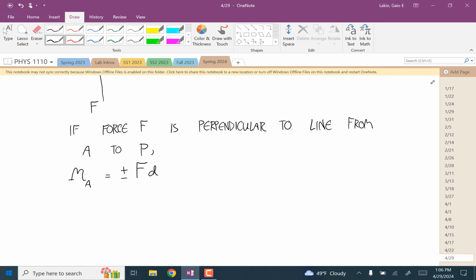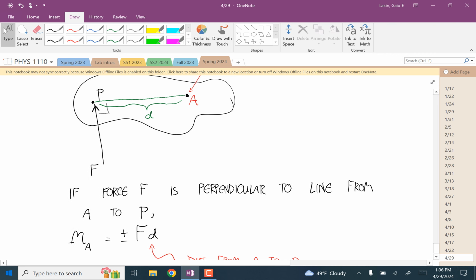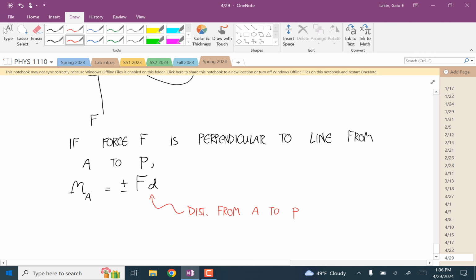Okay, so this d is the distance from A to P. Okay, and then what about the plus or minus?